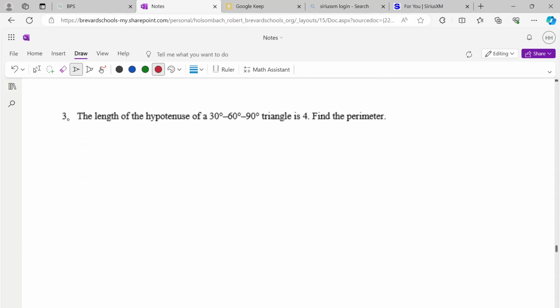All right, problem number 3. The length of the hypotenuse of a 30, 60, 90 triangle is 4. So let's draw this 30, 60, 90 triangle first.